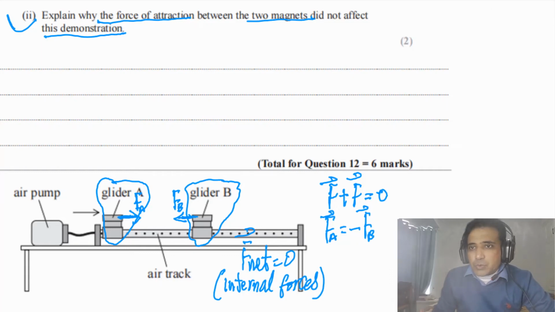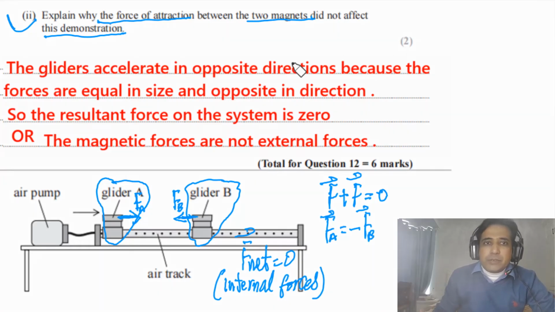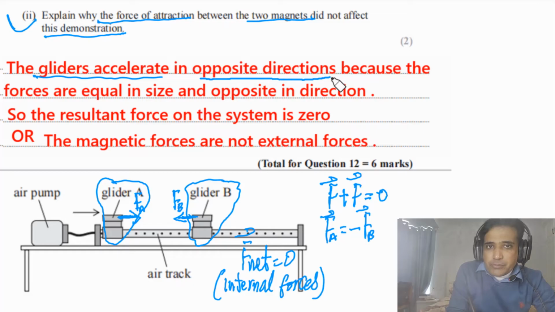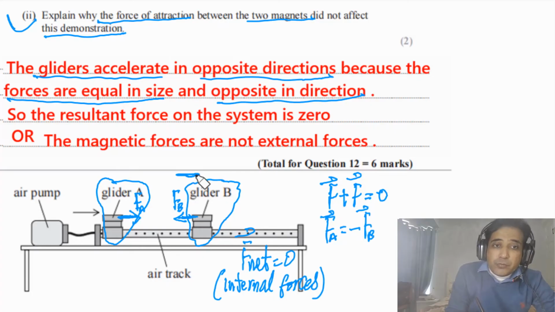So let me show you the answer. In your answer, you can mention these points. First of all, you can say the gliders accelerate in opposite directions because the forces are equal in size and opposite in direction. The direction of acceleration and the direction of resultant force on each glider have to be the same.